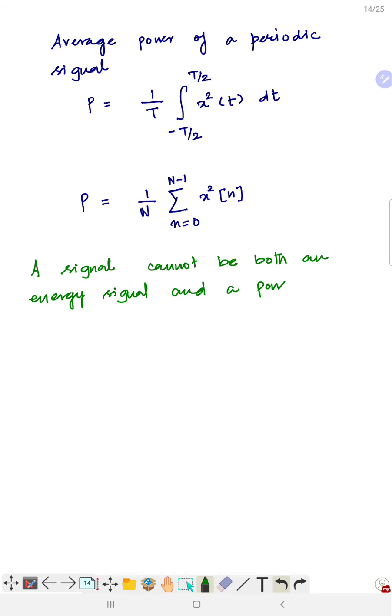Hence the classification, because if there were signals that satisfied both relations, that had finite total energy and finite average power, then this classification would make no sense. Right? So the generalization is that if your signal is an energy signal, it cannot be a power signal, and the other way around, if it is a power signal, if its average power is finite, then it cannot be an energy signal. Okay, so this was yet another classification.